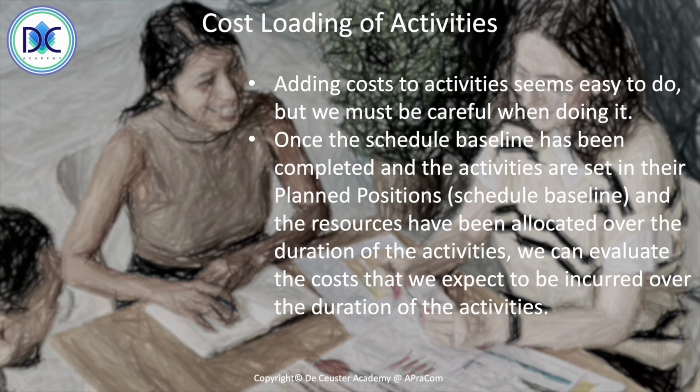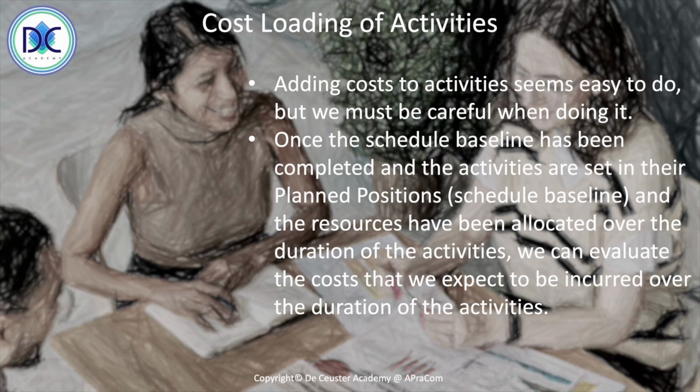Once the schedule baseline has been completed, we find all the activities in their planned start and finish position. That's basically the schedule baseline. And over the duration of the activities, we may have changed the commitment of the people working on that activity. So we may have in period 1 resource A working 50%, resource B 80%, and so on.